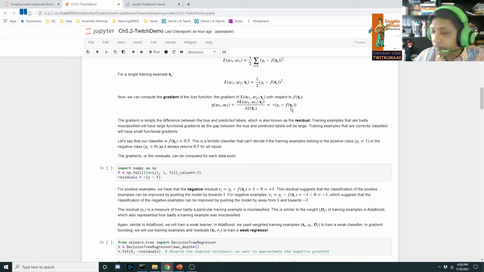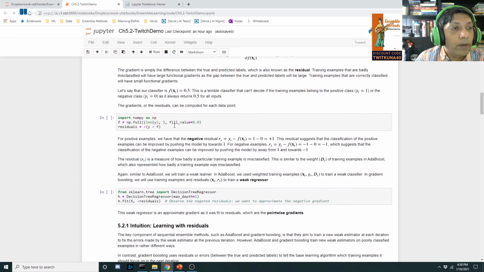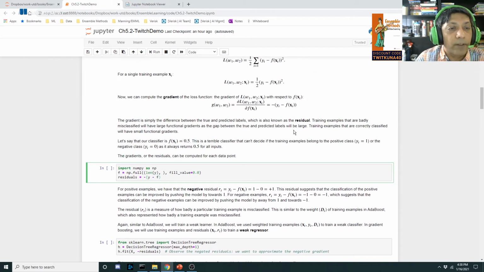And this is what we're going to use to characterize how well we're doing overall. So this is very straightforward to implement, these residual computations.